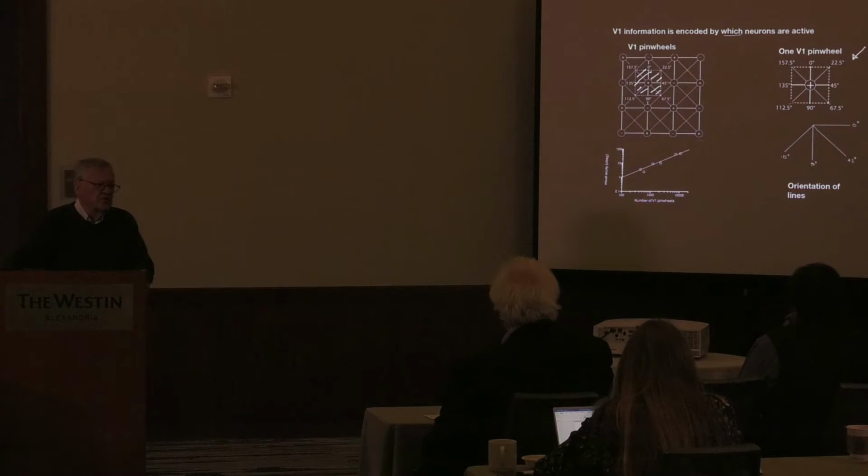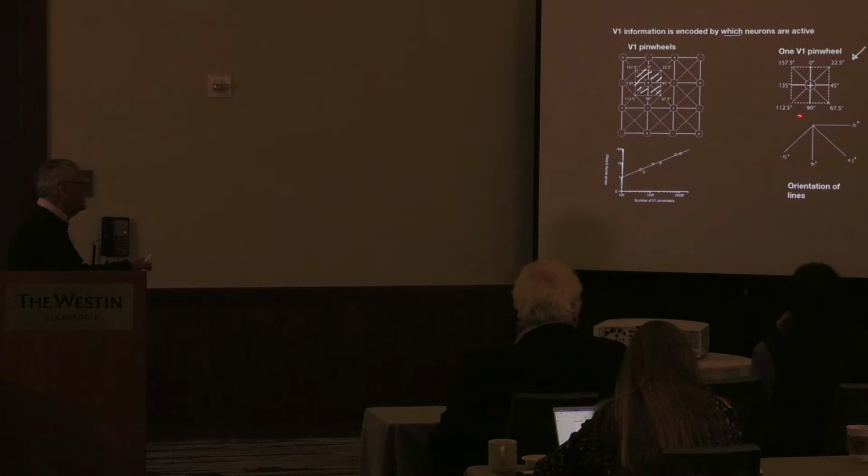So each pinwheel is organized in exactly the same way, and here you have lines that are drawn. This line has a slope of 0 degrees. It's flat like that. This line has a slope of 45 degrees.